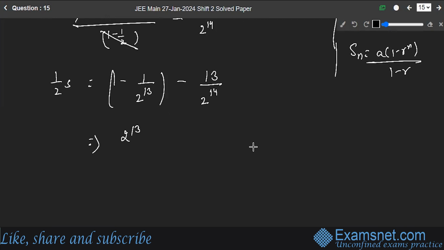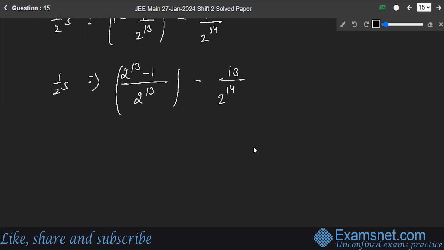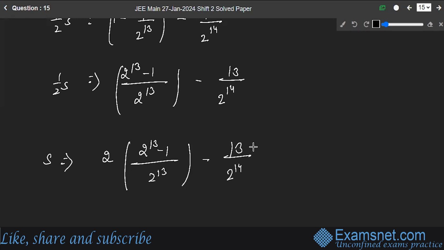This will be 2 power 13 minus 13 upon 2 power 14. That's equal to 1 by 2 S. And from here, you will have S is equal to twice into 2 power 13 minus 1 upon 2 power 13 minus 13 upon 2 power 14. So this is the answer to the question.